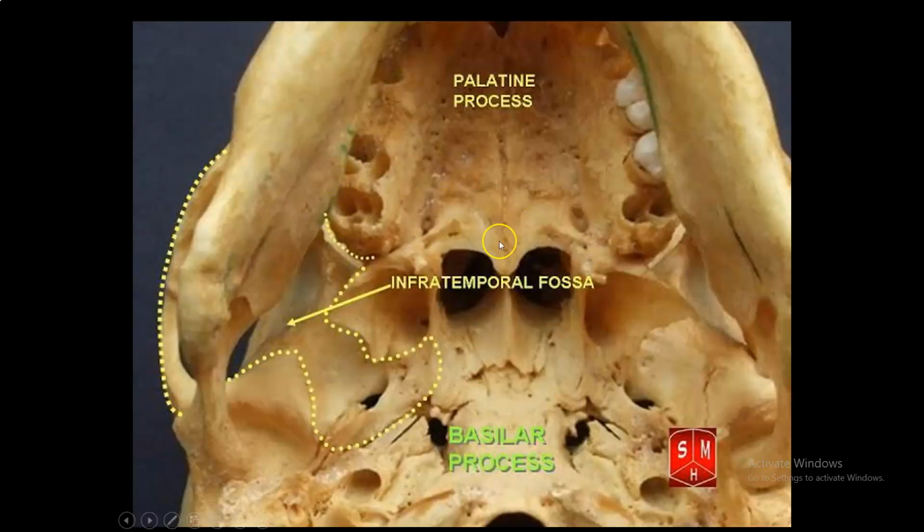This is a view of the skull from below, showing you the confines of the infratemporal fossa. As we said, it is deep. This is the zygomatic arch and the masseter and the mandible, and deep to this region is the infratemporal fossa. It is in front of the temporomandibular joint, and the roof is the greater wing of the sphenoid containing the foramen ovale and foramen spinosum.